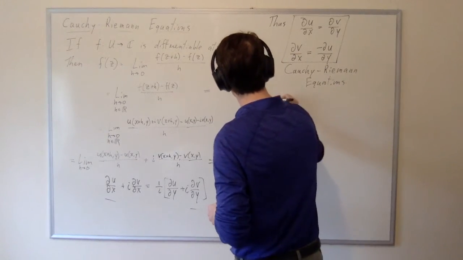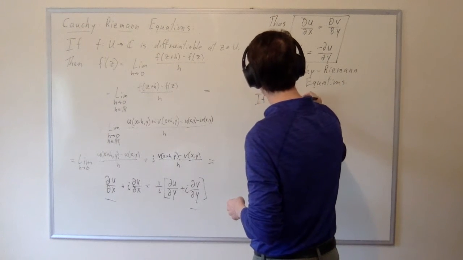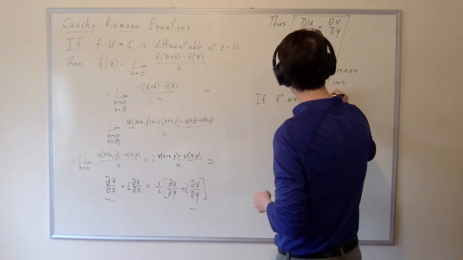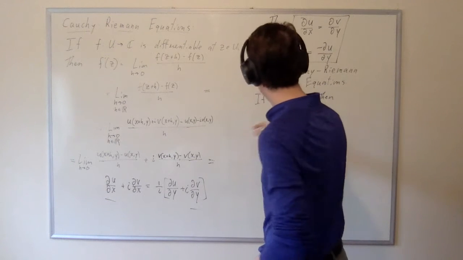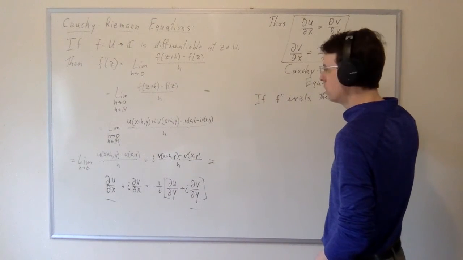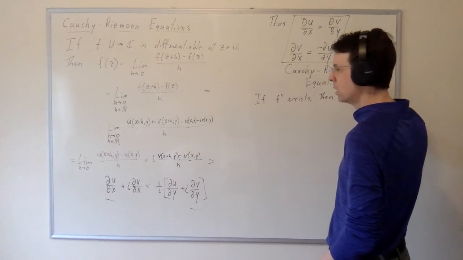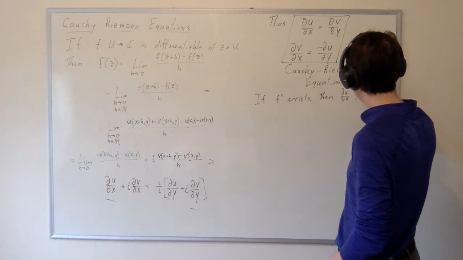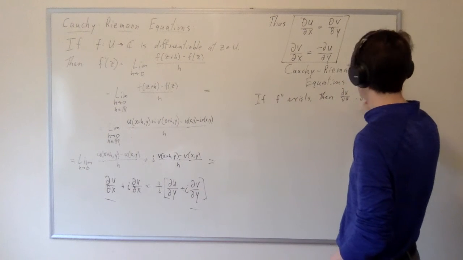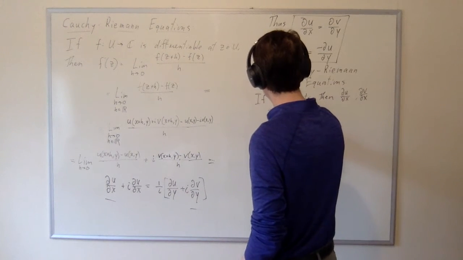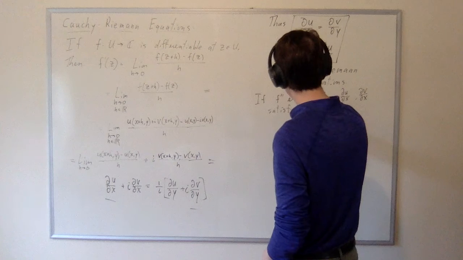So let's write out what happens here. If f prime prime exists, then the partial of u with respect to x and the partial of v with respect to x now satisfy the Cauchy-Riemann equations.